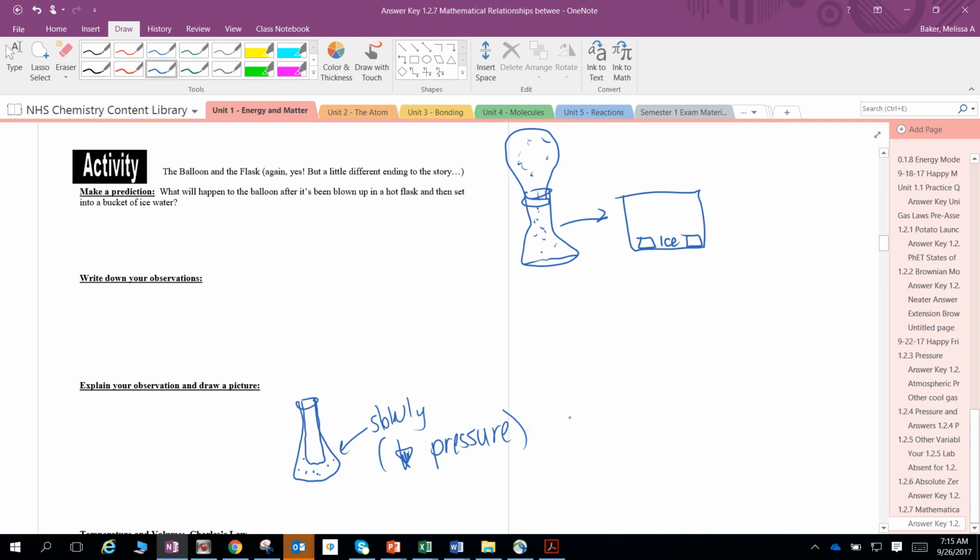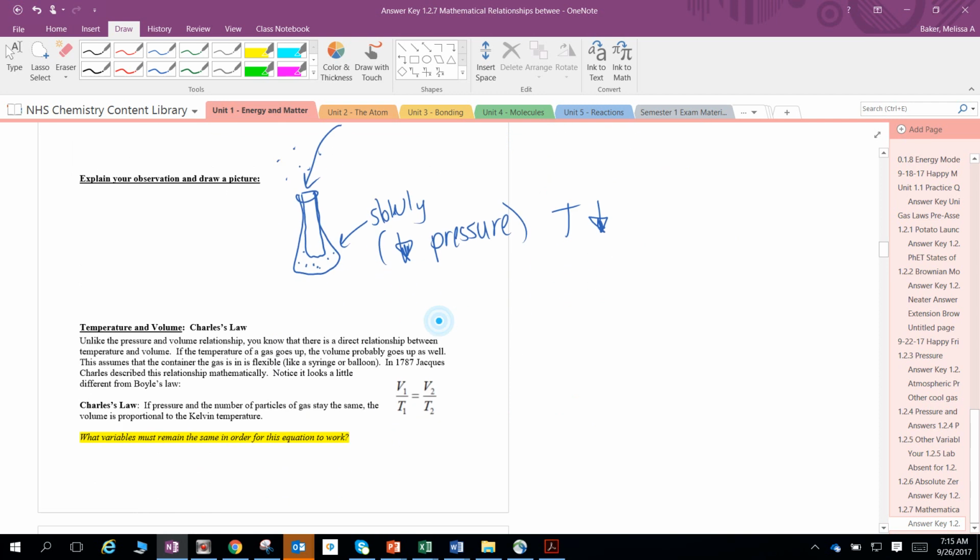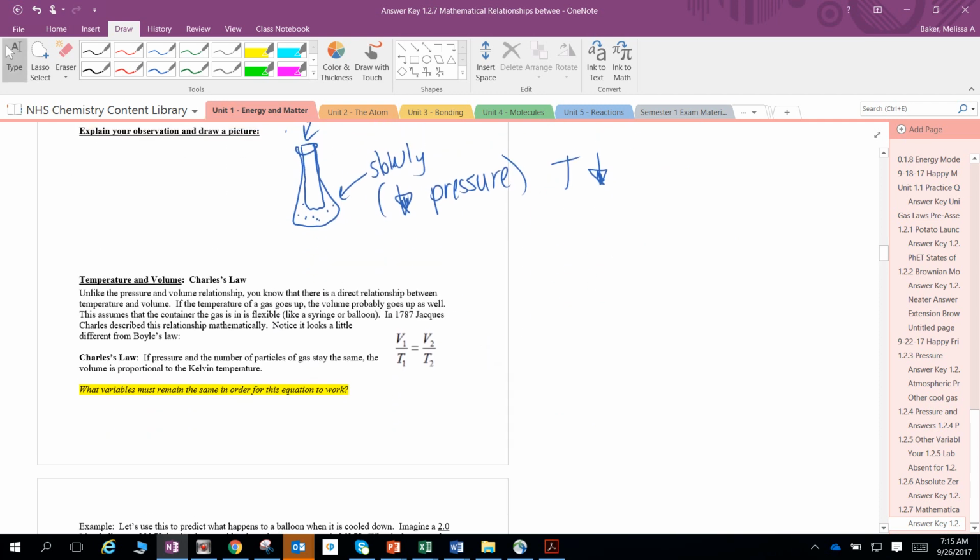And so as the temperature went down, the pressure went down as well. And so now there's more pressure outside pushing that balloon in. So the volume of the balloon went way down. So as the temperature goes down, so does the volume of that balloon.